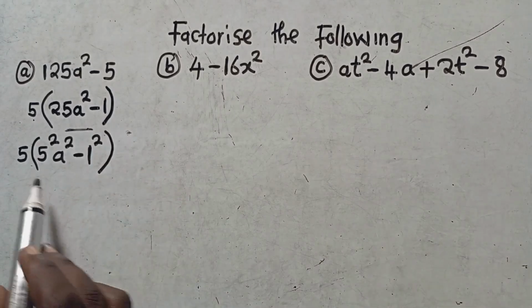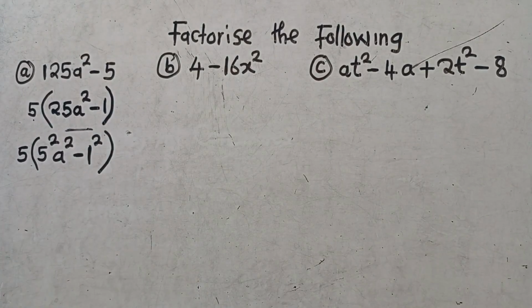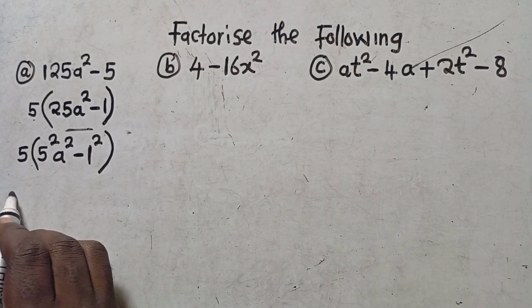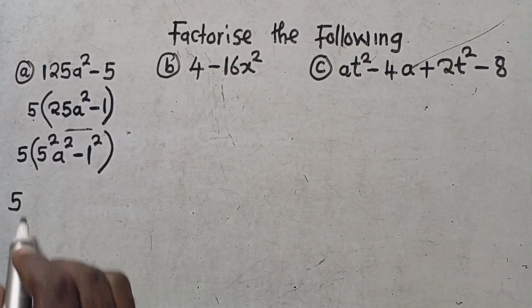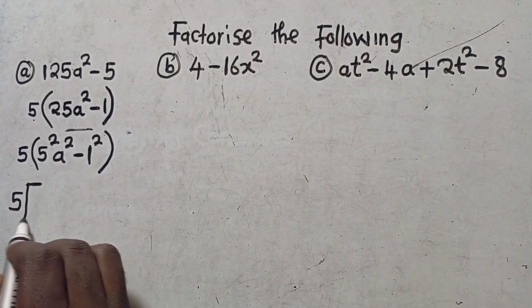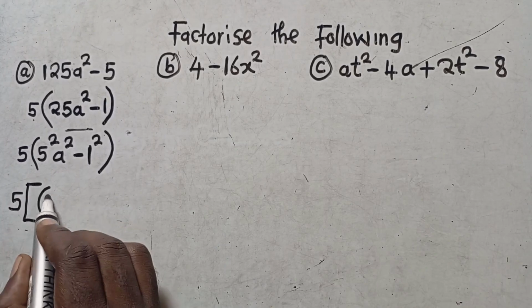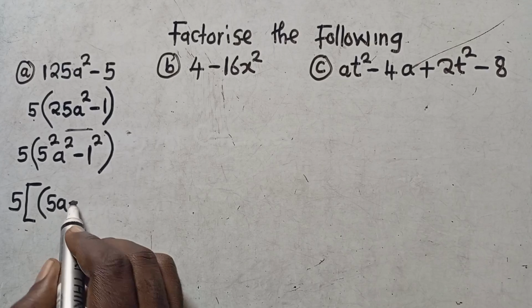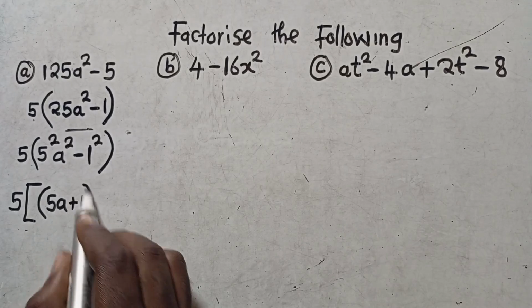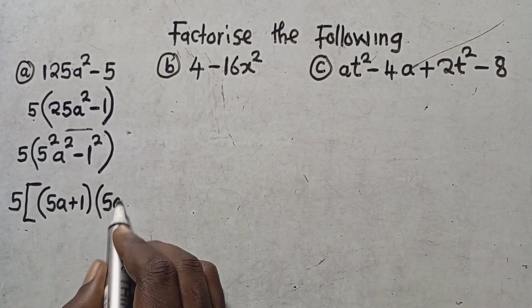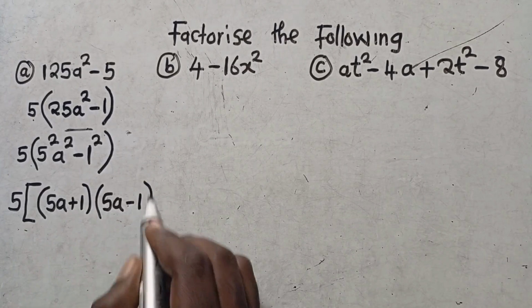Have you seen? So we can further factorize that. The answer now is 5, then you put them in square brackets: 5a minus 1, then 5a plus 1.